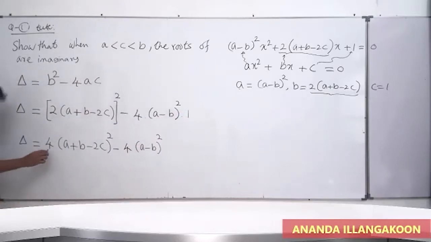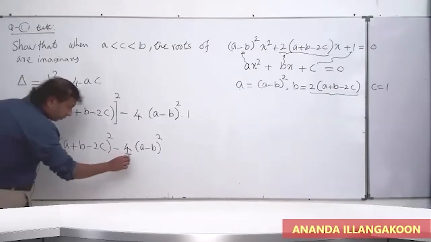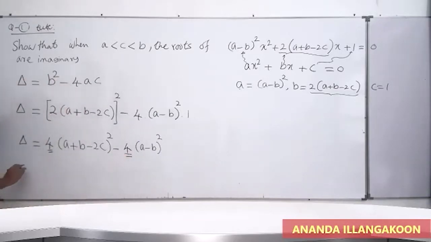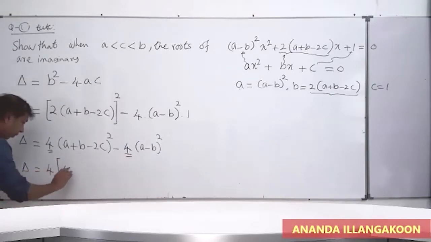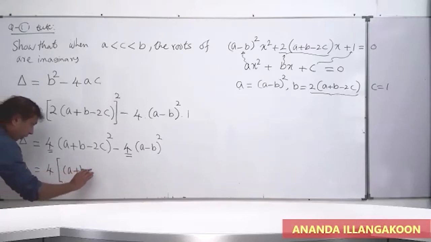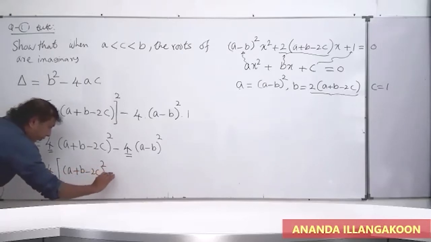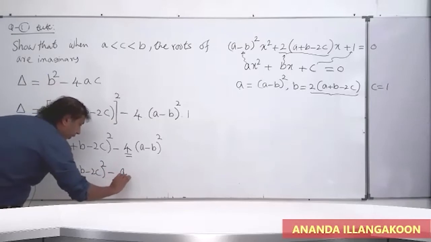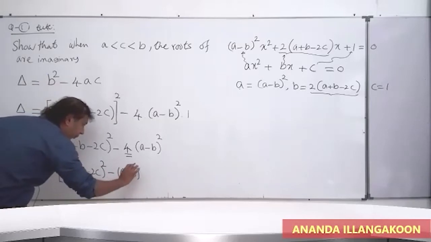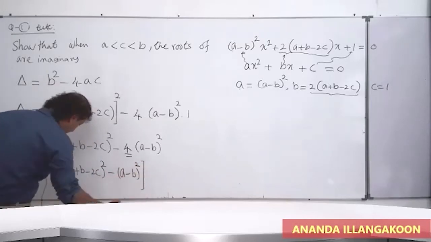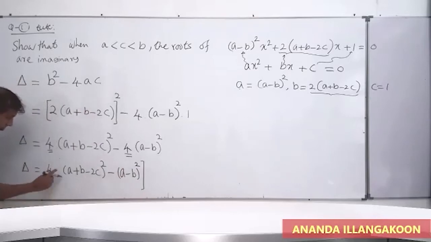Now, people, this 4 is common for these 2 terms. Take that 4 out. So then what do you get here? a plus b minus 2c perfect squared minus a minus b perfect squared. Like this we have.